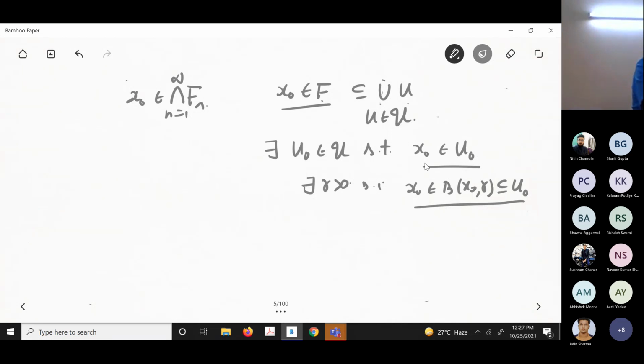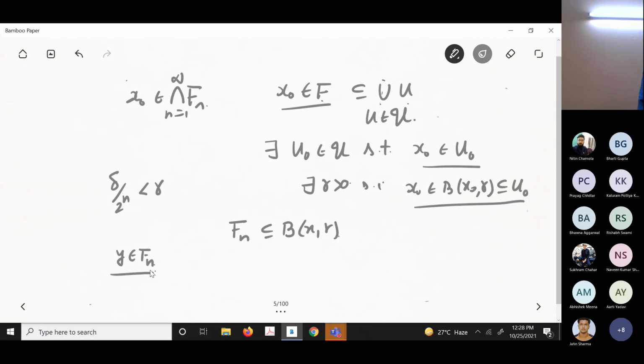Now you see where we are getting the contradiction. Now I can choose n such that delta by 2 to the power n is less than R. Suppose you have this. I can always choose large n such that it happens. Now look, I'm saying then Fn must be contained in this ball. This is very simple to do. Take any y in Fn. This is x naught.